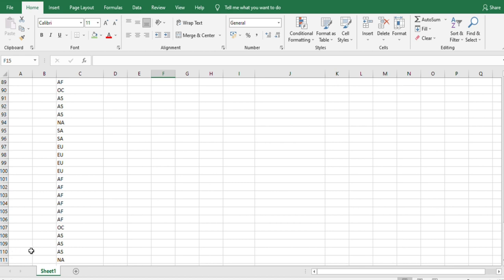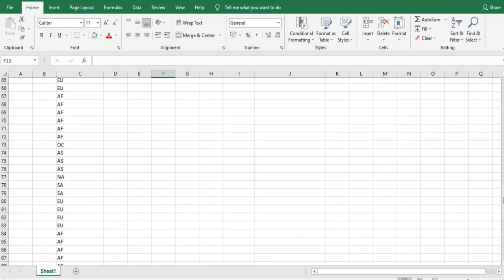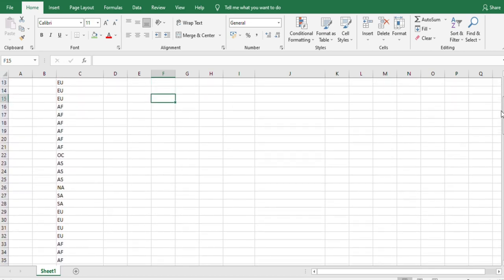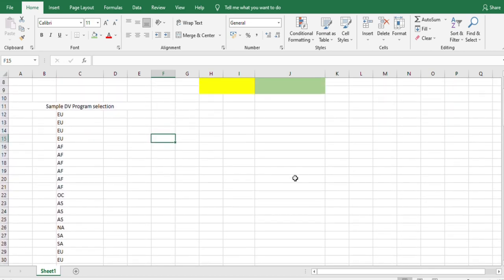After our 100 applicants have submitted their entries in the DV lottery program, we have a computer that assigns all these applicants random numbers. So our number will be from 1 up to the total number of applications. I hope that is clear up to that point. So let us proceed and assign case numbers for these applicants.